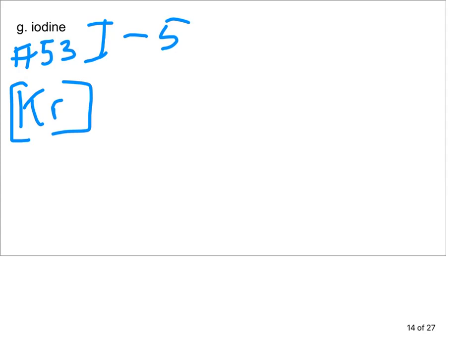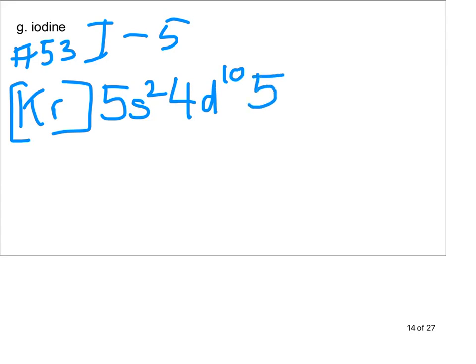And then we got 5s2. And then 4d10, taking us all the way across the D block, and we get to the P block, and we're the fifth one into it. So it is 5p5.